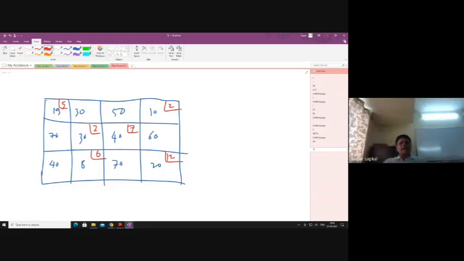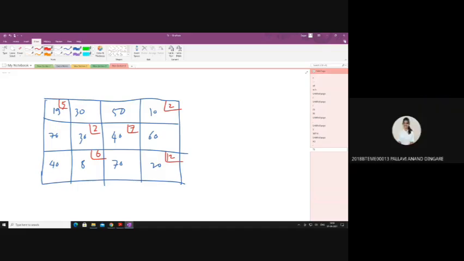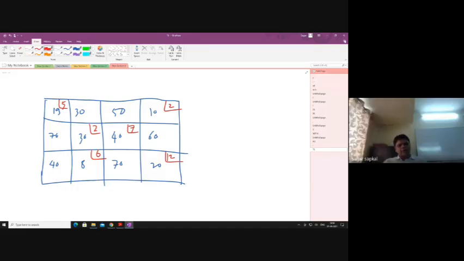So is it degenerate or non-degenerate? Non-degenerate. Okay. Now again find out Ui and Vj values and check whether this solution is optimal or not. If it is optimal, then this will be our final solution. If it is not optimal, then improve the solution by forming the closed loop.